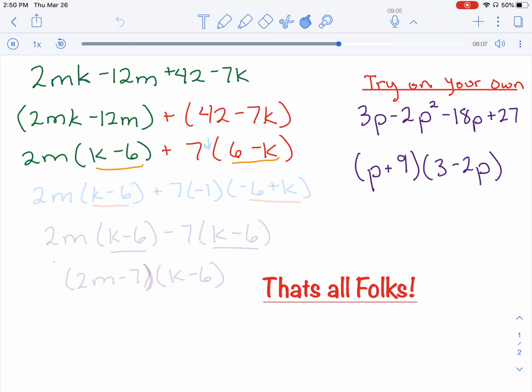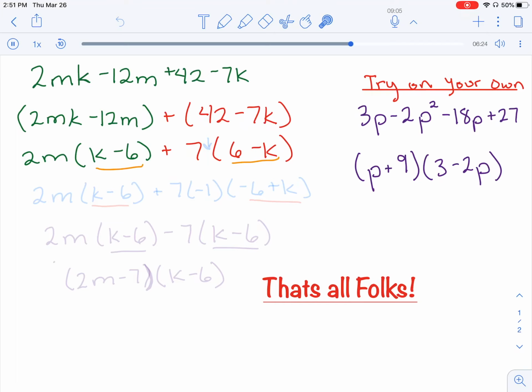And so we have to do something in order to make sure that both of the terms inside of the parentheses are the exact same for both the front binomial and the back binomial.